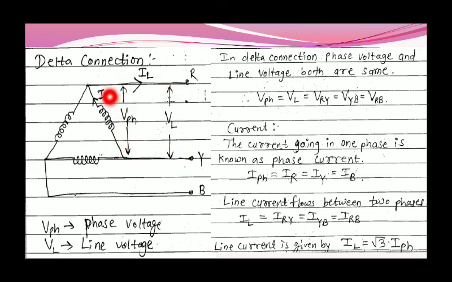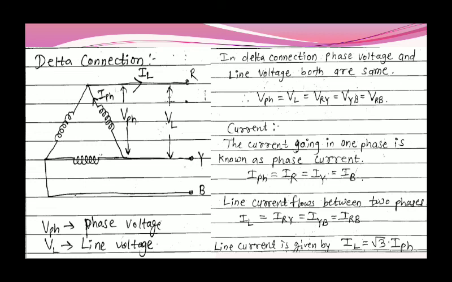You can see this wire, this is R and Y. If we measure the voltage here, and if we measure the voltage in this one phase, both voltages will be equal in value. That's why in delta connection, the phase voltage and line voltage are the same.